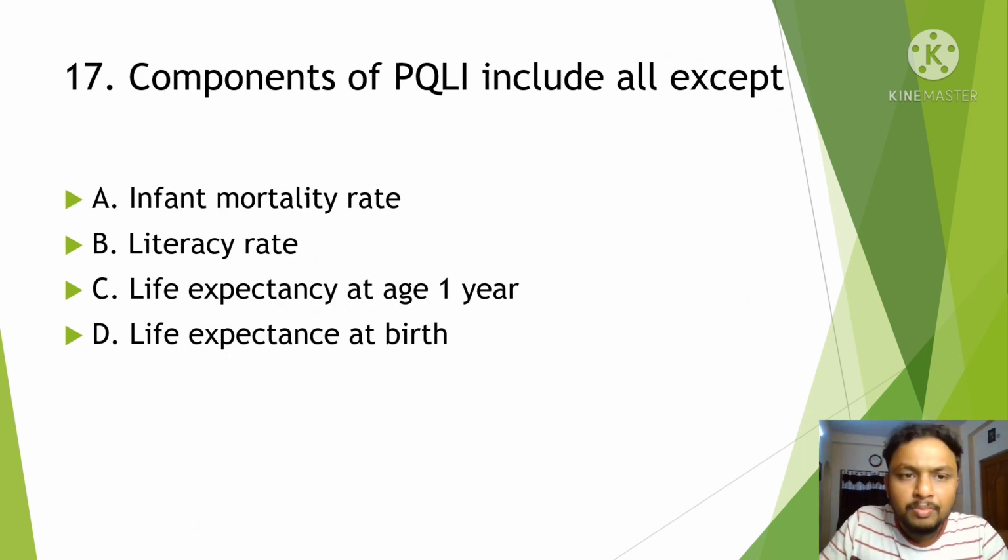Next, components of PQLI include all except. What is PQLI? Components of PQLI. Options are infant mortality rate, literacy rate, life expectancy at age 1 year, life expectancy at birth. PQLI is the Physical Quality of Life Index.